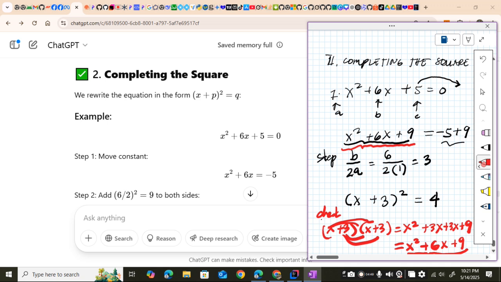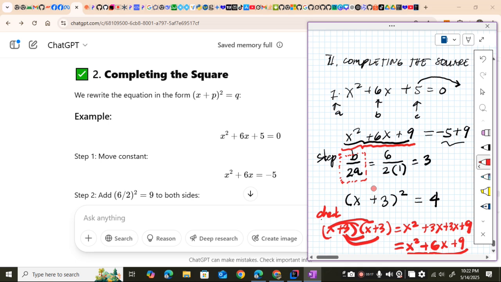So this term is exactly this term. So that's the reason why we're adding this term, the b over 2a. We add that to both sides so that the resulting equation now becomes a perfect square, and we can express it in a form like this, a binomial that is squared.